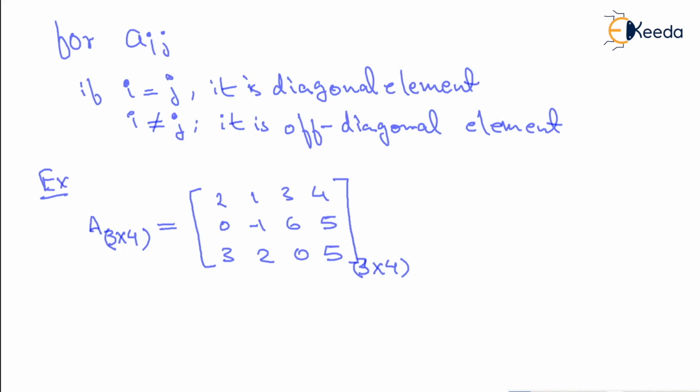Let's say I'm picking this one. This is the second row, and then the first column, second and third column. So this is a23, which is equal to 6, like that. And likewise for all the other elements, maybe considering the diagonal elements: this is a11 a diagonal element, a22 a diagonal element, a33 a diagonal element. Other elements are off diagonal elements.